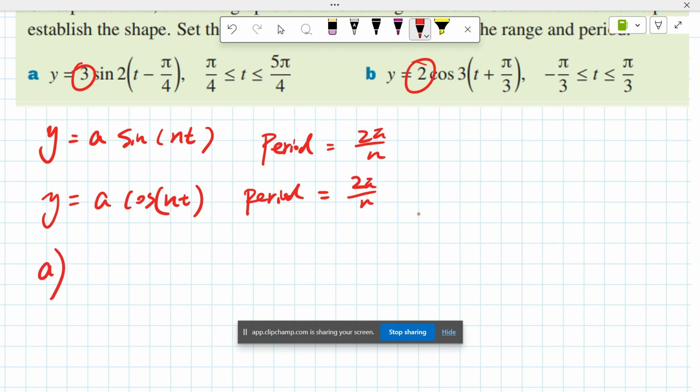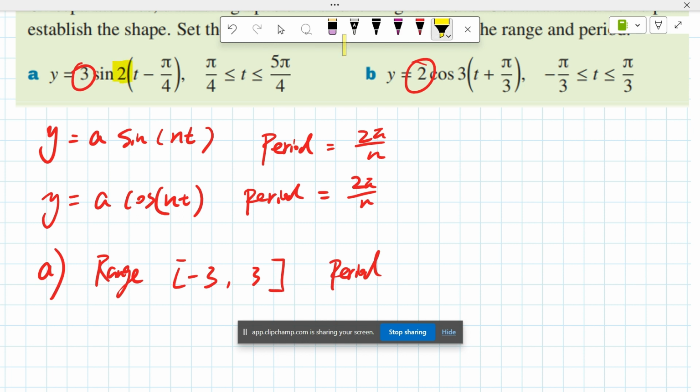So clearly we can see for question A, the range will be from -3 to 3. That is the lowest and highest number, the minimum and maximum. Your period will be a little different.